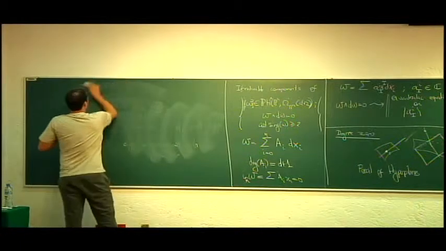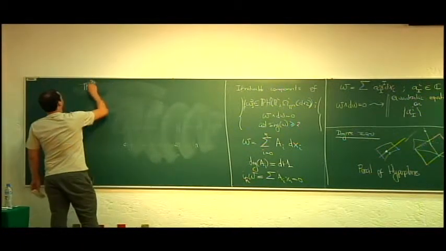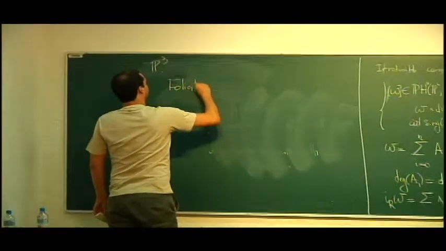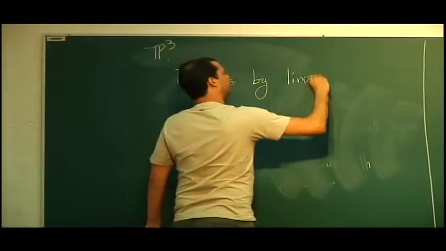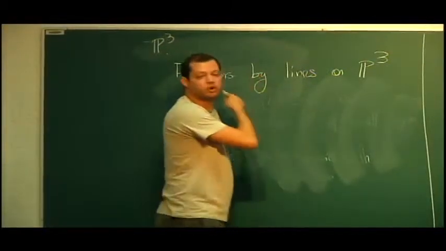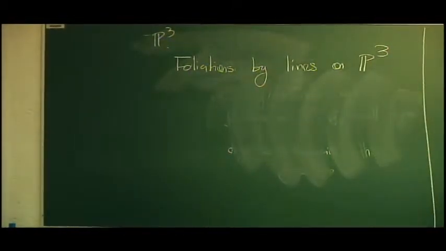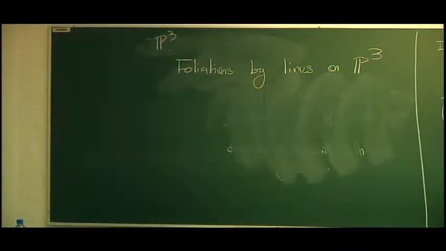So let's again restrict to the case of P3, and we can ask, well, what are foliations by lines? Of course, holomorphic foliations. And this is also a classical subject. It can be traced back.